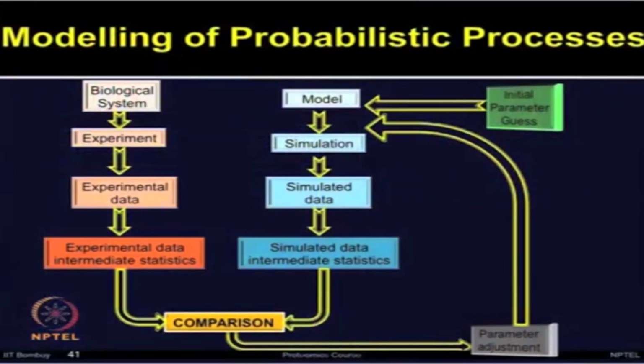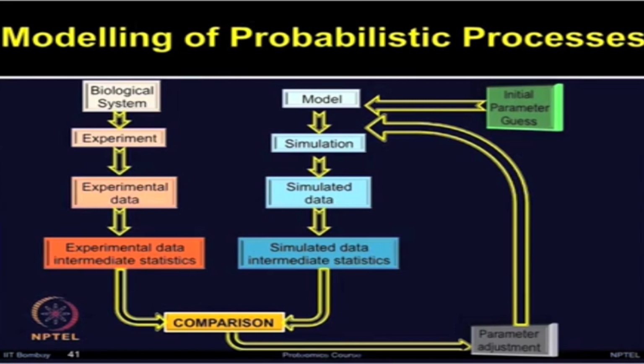The modeling of probabilistic processes involves, let us say you want to study a biological system. So, some experiments have to be performed, the experimental data sets will be generated, from which some statistics can be applied, which can be used for the comparison.